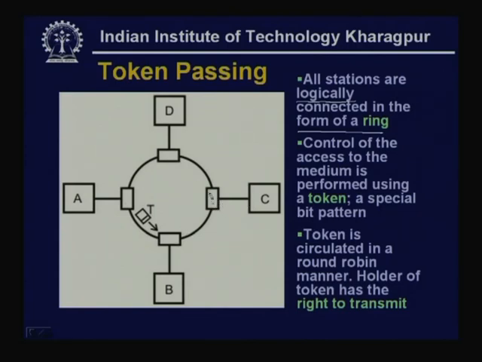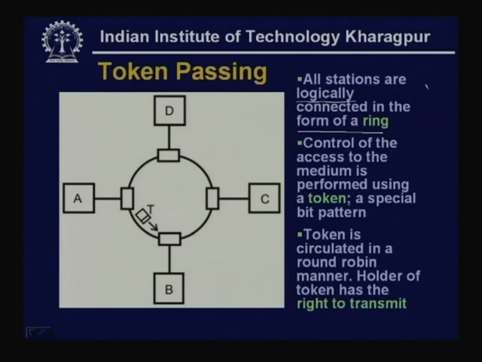So, in this way all are connected in the form of a ring. This particular interface is connected to its neighbor by using point to point links. As I mentioned, this point to point link can be either twisted pair or coaxial cable. Usually coaxial cable is not used; it can be either twisted pair, or if the distance is very long, optical fiber.